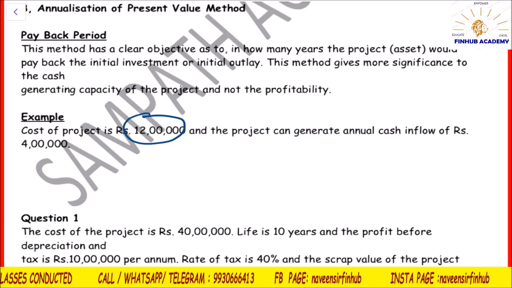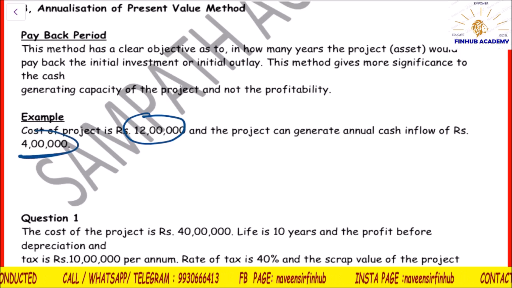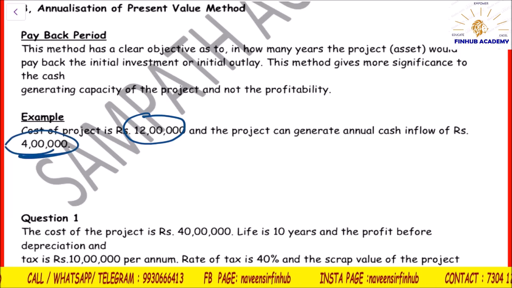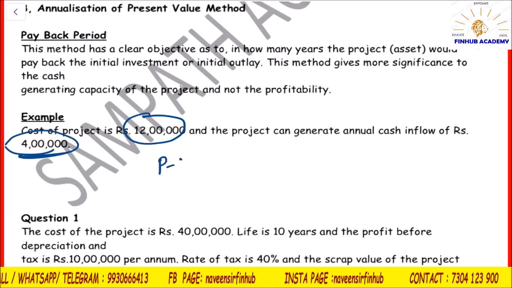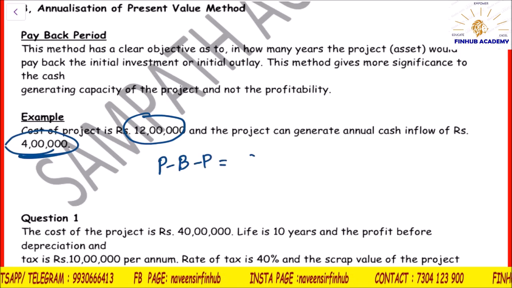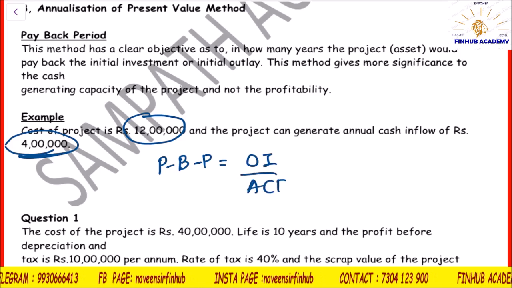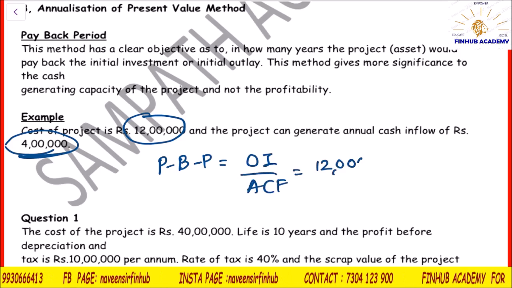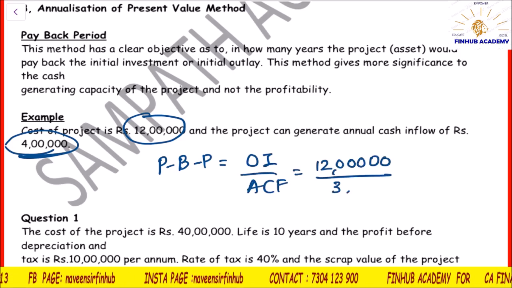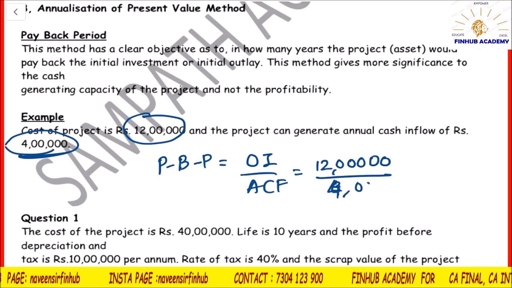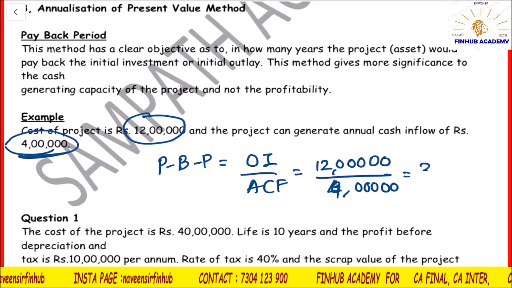This is your original cost of the project. This is your cash flow, 4 lakhs, for 3 years. Payback period is equal to original investment upon ACF, annual cash flow. So 12 lakhs divided by 4 lakhs. Answer is 3 years. Done?